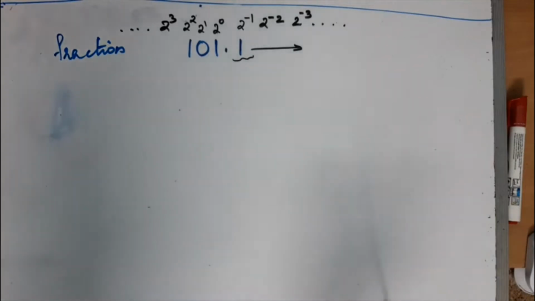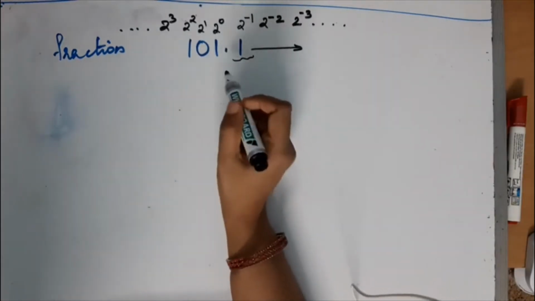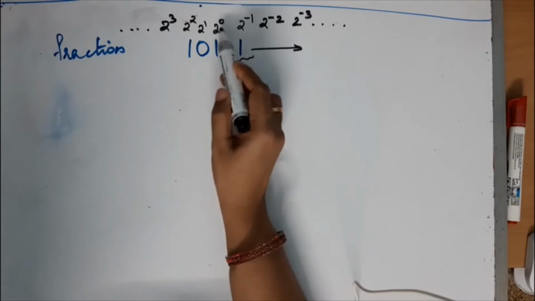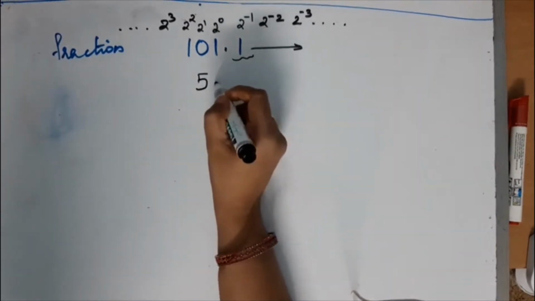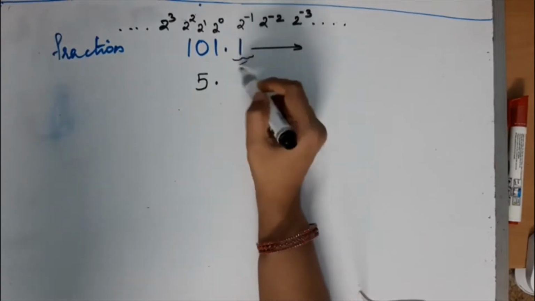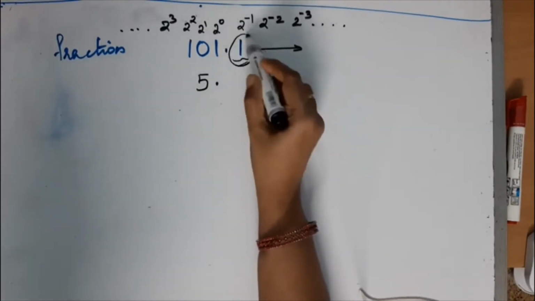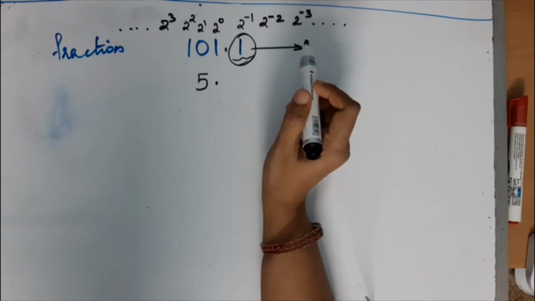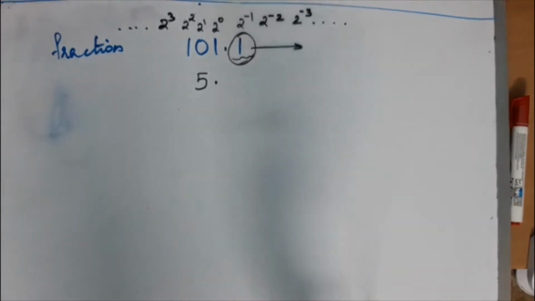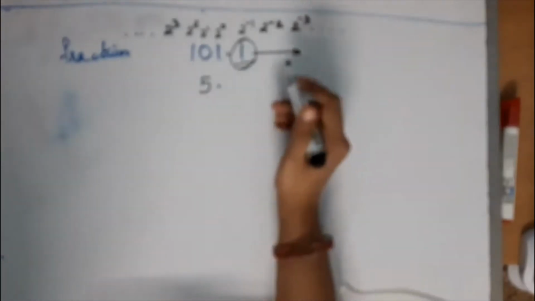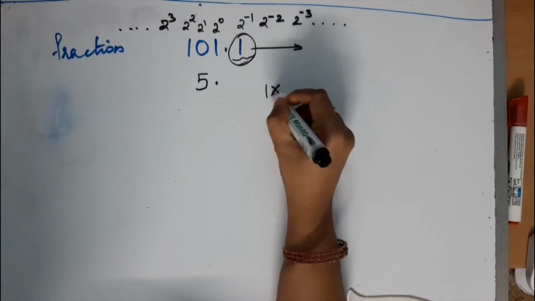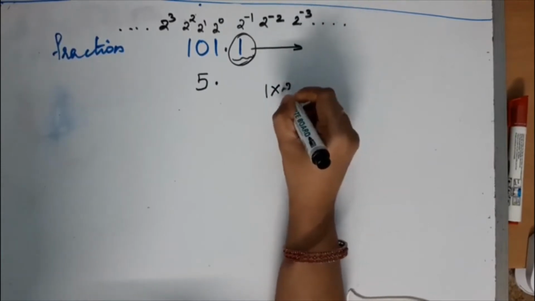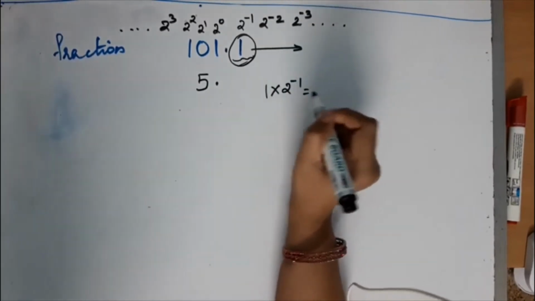So 101 we have already calculated, it is 4 plus 1, 5. Point, we have to find the value of this 0.1. We'll find it as 1 into 2 raised to minus 1.